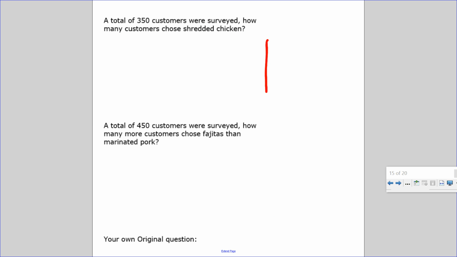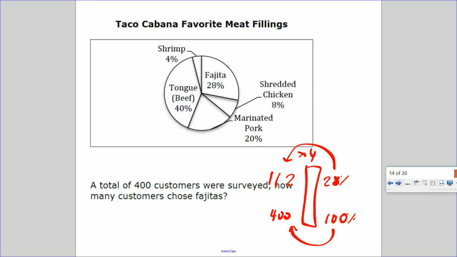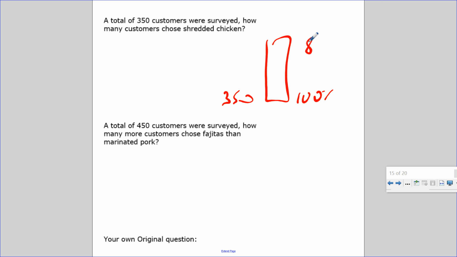Let's try another survey. There, a total of 350 people were surveyed out of 100%. That's everybody who was surveyed. So what percent chose shredded chicken? 8% chose shredded chicken. So can 100 go into 350? Not easily. Can 100 go into 8?